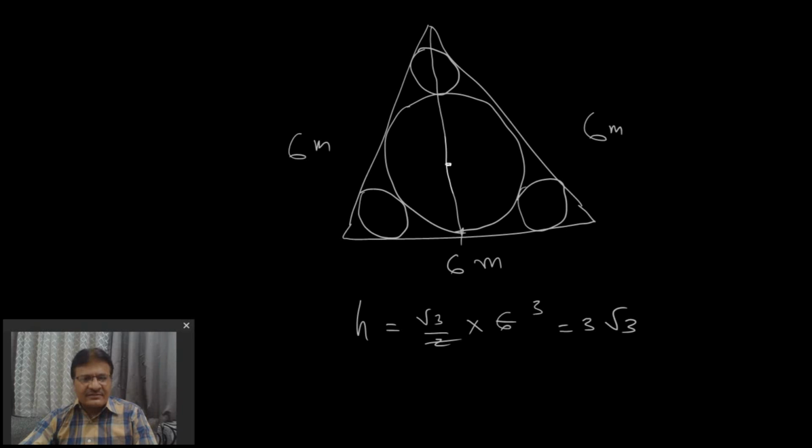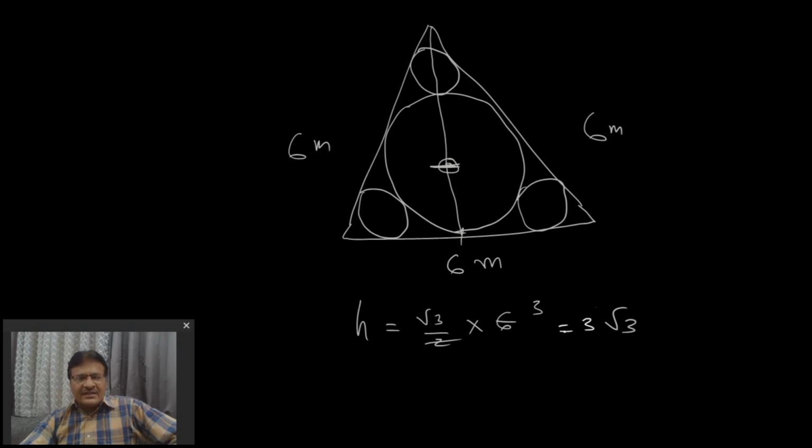Suppose this is the center of this circle. Is that clear? And if this is the center of the circle, then this would be the centroid also. As I told you, in an equilateral triangle, centroid, orthocenter, everything is at one place only. So if it is the centroid, then it will divide the whole length in the ratio 1:2.